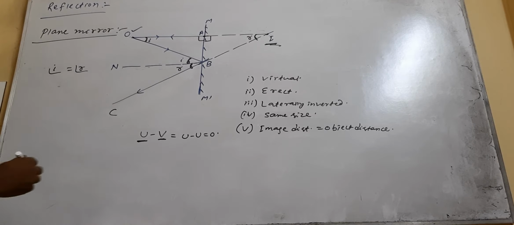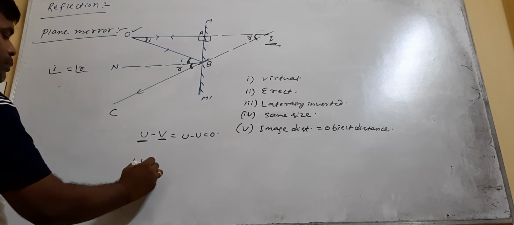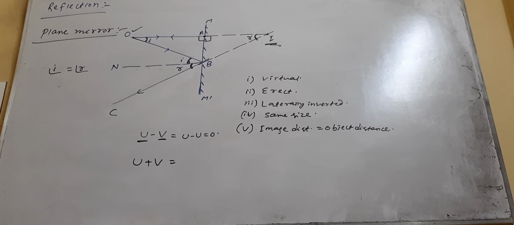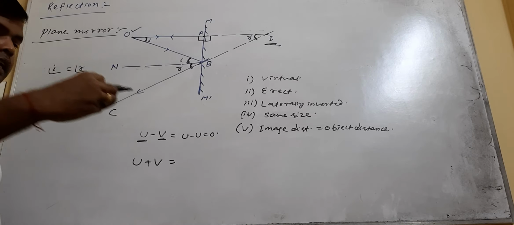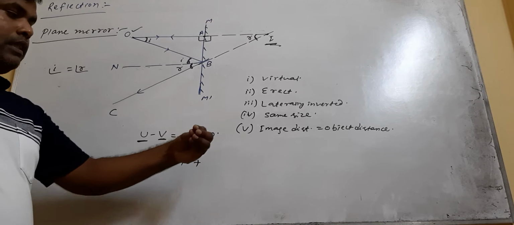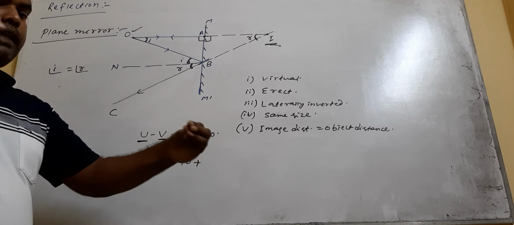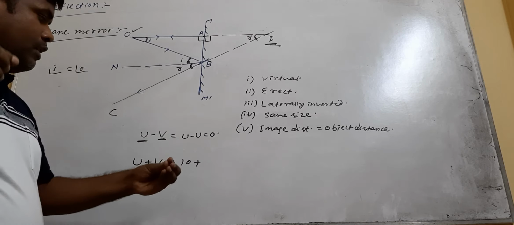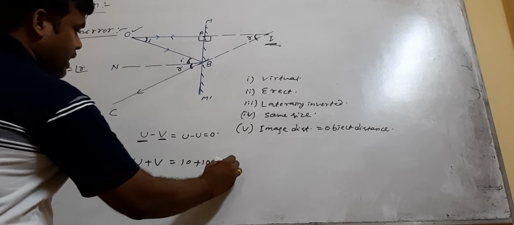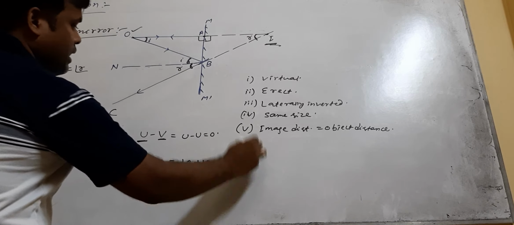That means the relative velocity in the opposite direction is u plus v. If your velocity is 10 meter per second and your image velocity, in case of plane mirror, is the same as that of u, that is 10 meter per second, then 10 plus 10 is 20 meter per second.